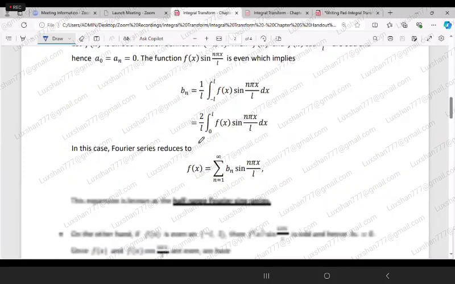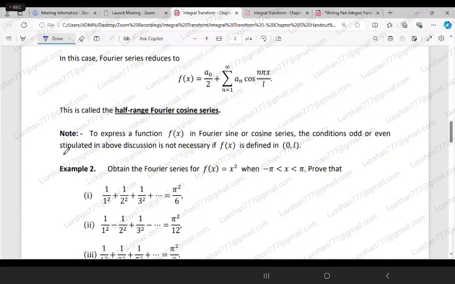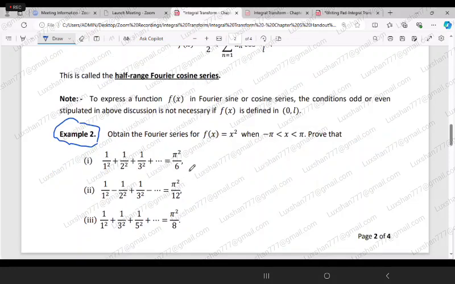Did you try this question? I gave you homework. How many of you tried example number 2, and have you got these answers? Please respond. Otherwise it is taking a lot of time, since you are not responding quickly.